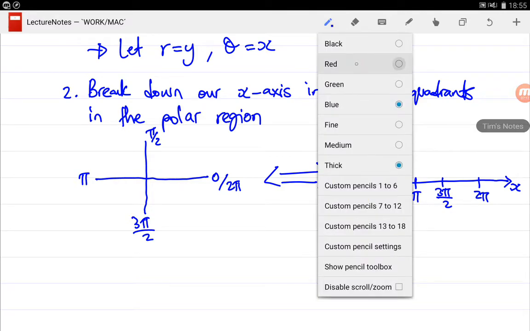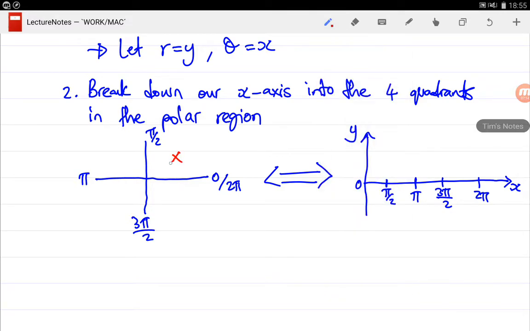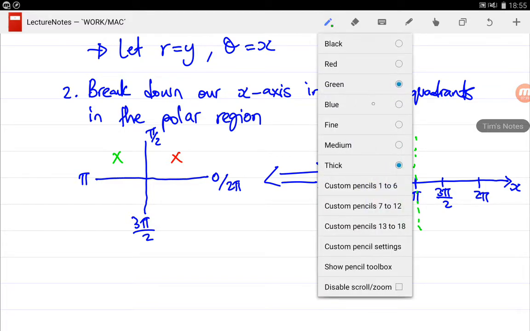For example, this first quadrant is this whole region here separated by this dotted line, and the second quadrant is all this region here, which can be explained by here because it's between pi over 2 and pi. That's going to help us draw these polar curves really quickly.